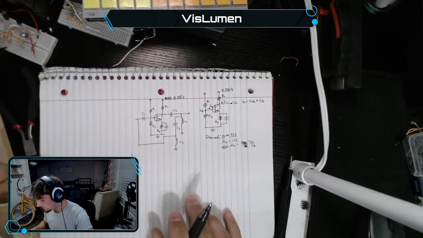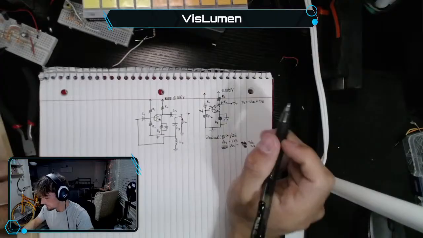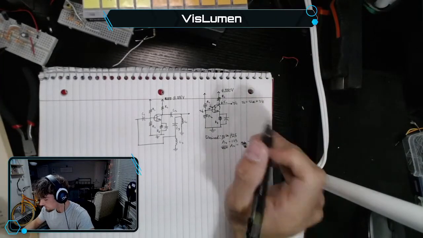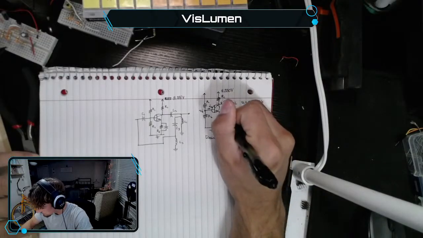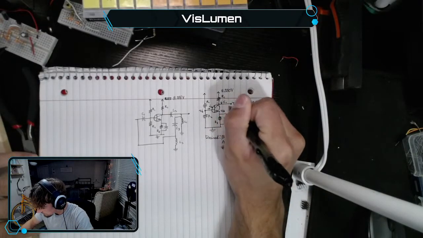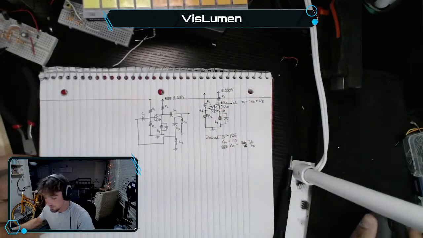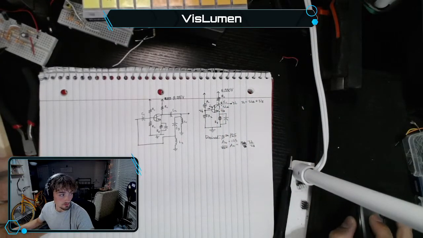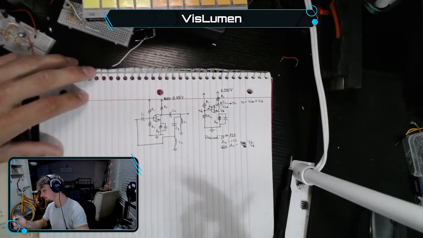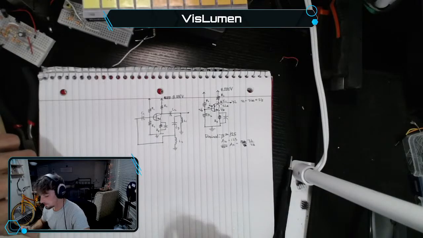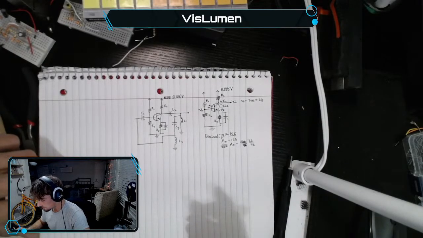So VC over VB, and then we know that VC equals the voltage from collector to emitter plus the emitter voltage right here. Collector emitter voltage. So now we just labeled some stuff. Let's figure this out. VCE.